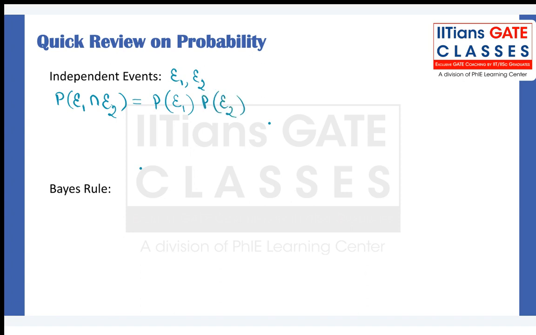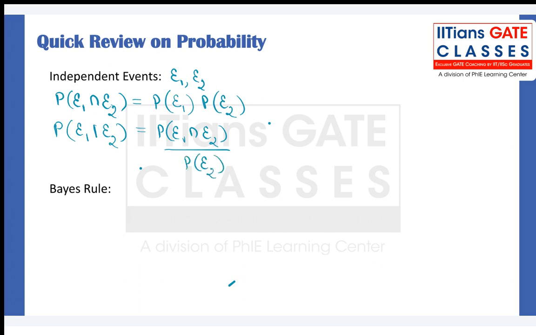Typically, people tend to mug up this formula, but it is actually very simple. Let me explain why. Every one of you must know the rule of P of E1 given E2. This is nothing but the probability of E1 and E2 occurring divided by the probability of E2.